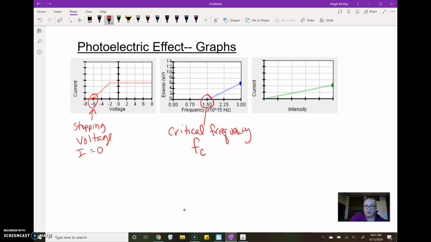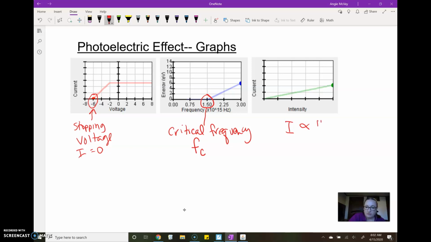So the brighter the light is, the more current we'll see. And we notice that current is proportional to intensity, but really we weren't looking at the wave model of light necessarily, right? We were looking in the simulation, light looked like little particles themselves, right?